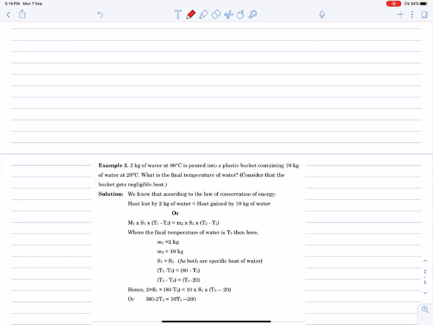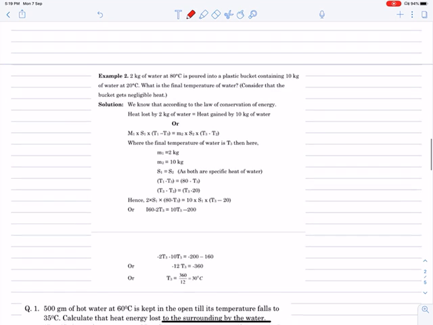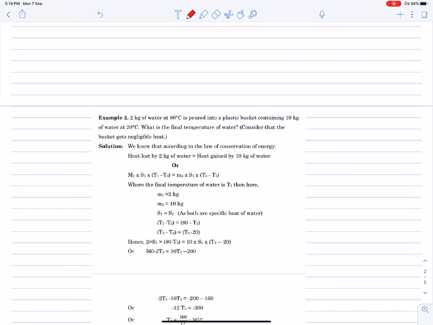What we have to calculate is T3. T1 is 80 degrees Celsius because it is the higher temperature, and T2 is 20 degrees Celsius. T3 is your equilibrium temperature, so T3 should be higher than T2.